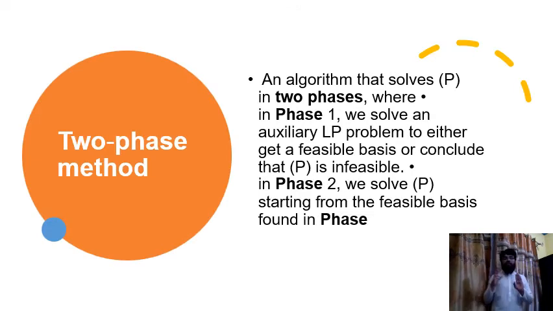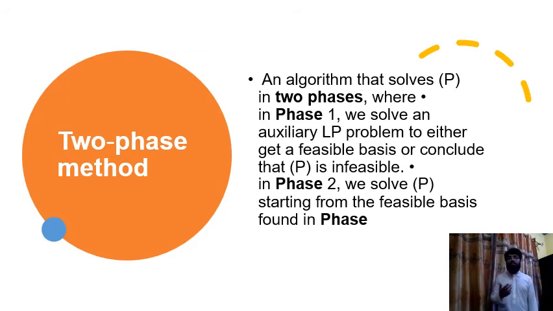Two-phase method. An algorithm that solves in two phases, where in one phase we solve an auxiliary linear programming problem to either get a feasible basis or conclude that it is infeasible.